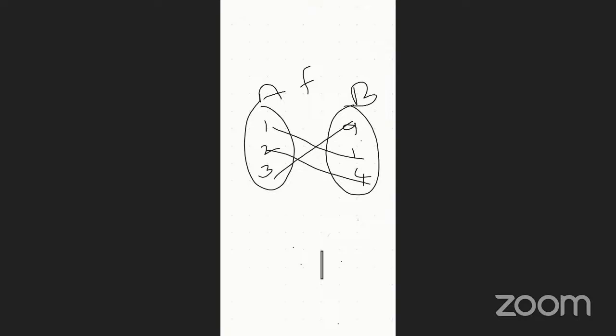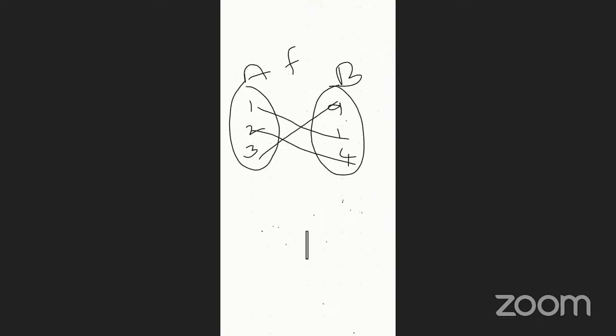Nobody is there. See here, 1 is mapping to 1, and 2 is mapping to 4, and 3 is mapping to 9. What is the relation there?